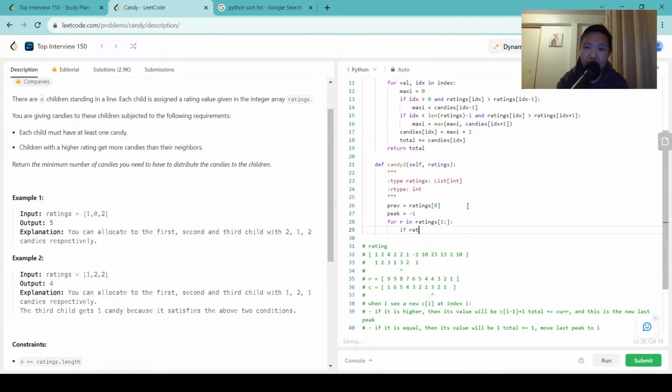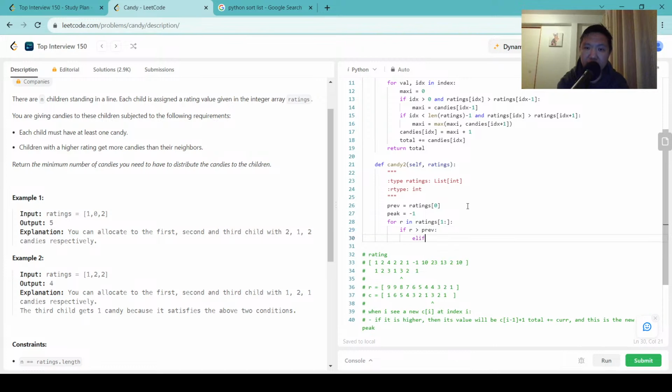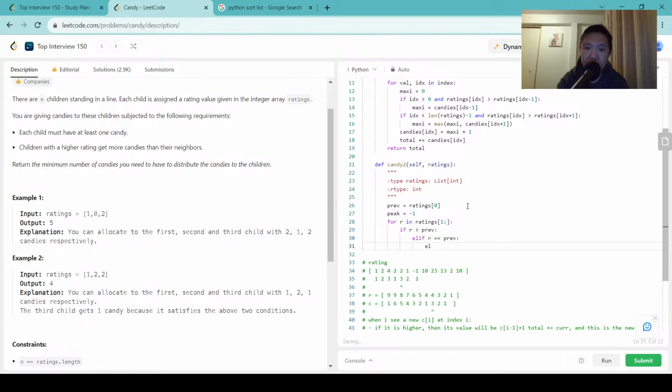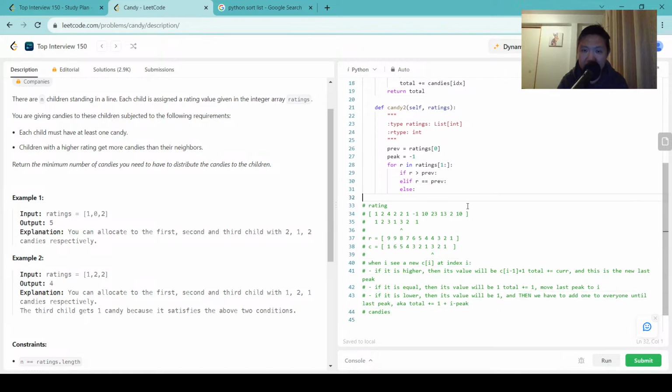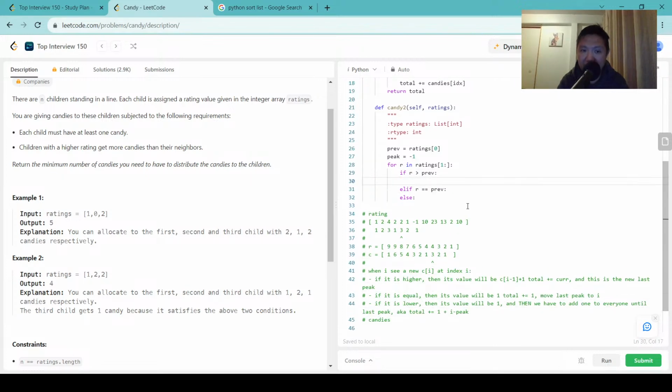If R is larger than previous, else if R equal previous, else it has to be smaller than previous. Do this. Okay, if it's larger than previous, then its peak value.